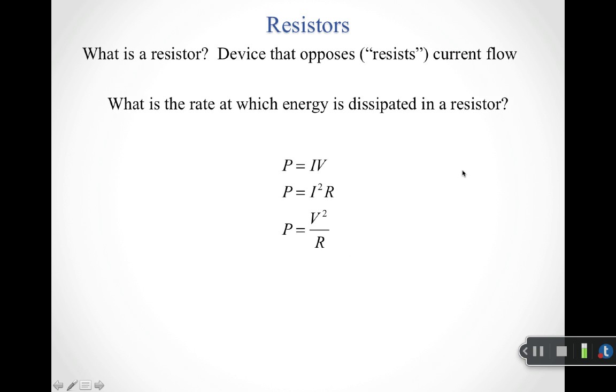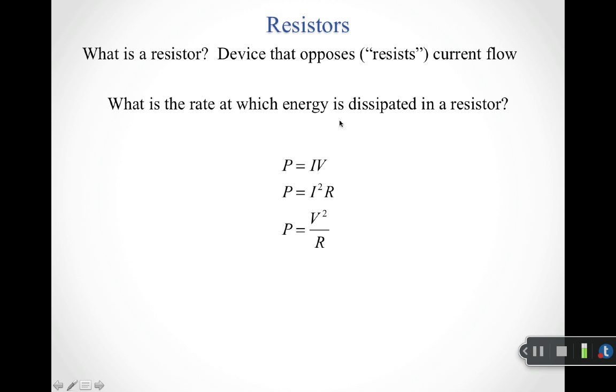Fundamentally, what we tend to care about with a resistor is that it's going to dissipate the energy provided to it. Usually it dissipates that energy through what's known as Joule heating. Basically, many resistors heat up as they resist current flow.